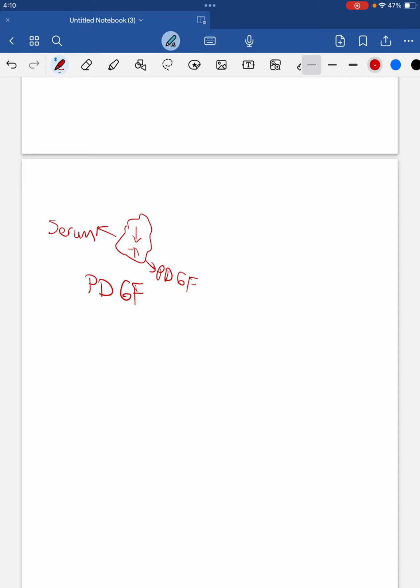And smooth muscle cells are going to undergo mitosis, okay, due to PDGF. VEGF, vascular endothelial growth factor, is going to stimulate the endothelial cells to multiply and restore that endothelial lining. So mitotic division of the endothelial cells. Okay, so that's all clot retraction. Very simple.